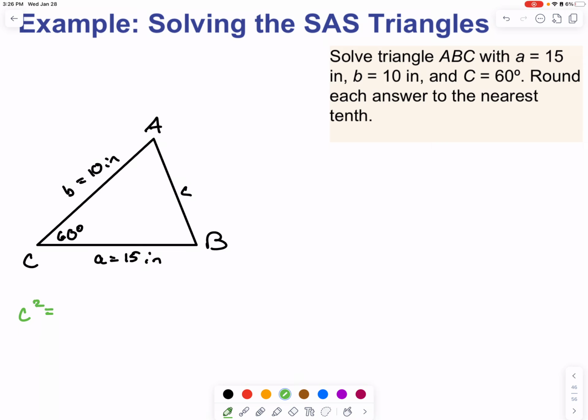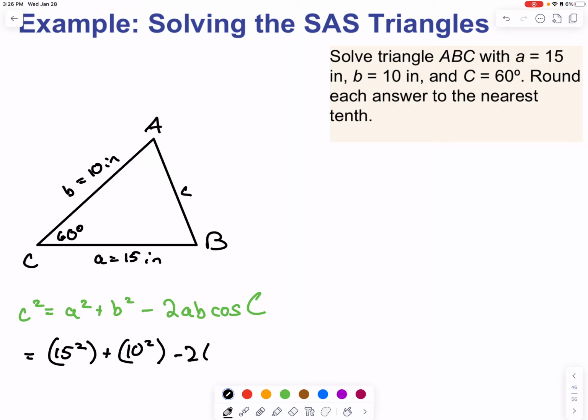C squared equals A squared plus B squared minus 2AB cosine of C. So that should be equal to 15 squared plus B, which is 10 squared, minus 2 times 15 times 10 times the cosine of 60 degrees.